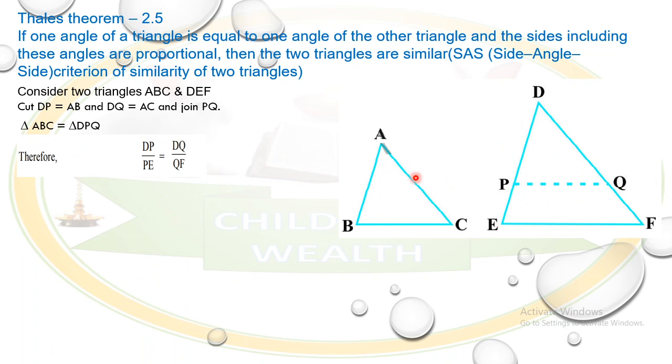So from Thales theorem 1 we can write DP divided by PE is equal to DQ divided by QF and also PQ is parallel to EF.